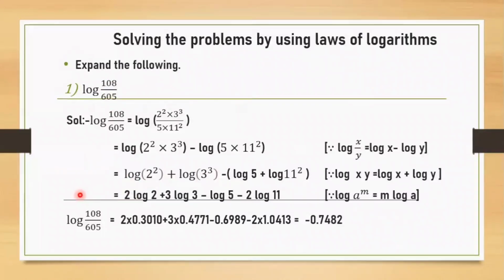But we can also find its value. Log of 108 by 605 to the base 10 equals, after substituting the values of log 2, log 3, log 5, log 11 using the logarithmic tables, minus 0.7482, which means 10 to the power of minus 0.7482 is 108 by 605.